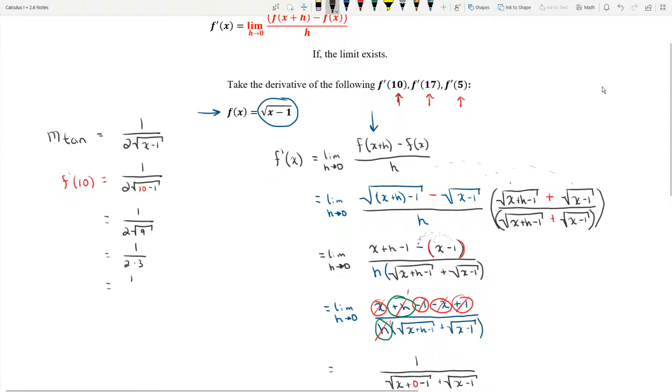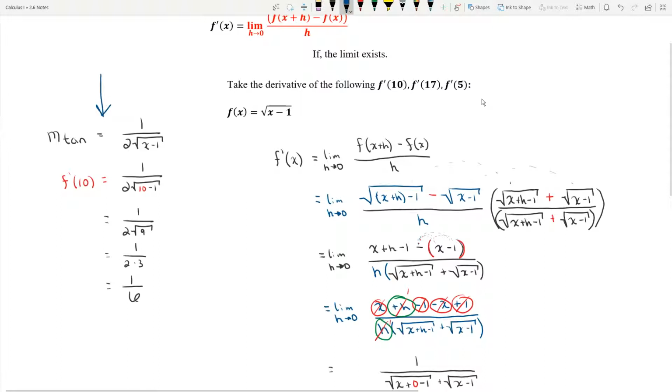And that becomes just 1/6. And so now we can do that for any value that's defined in the domain of the function that we're given. So as long as the derivative exists for the value that we're given, we can quickly find it using our equation of our tangent line.